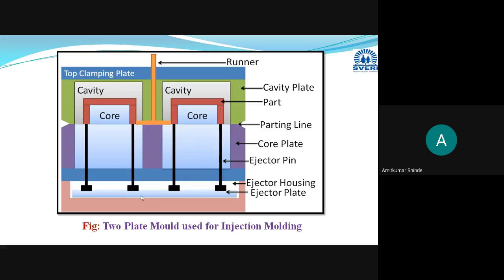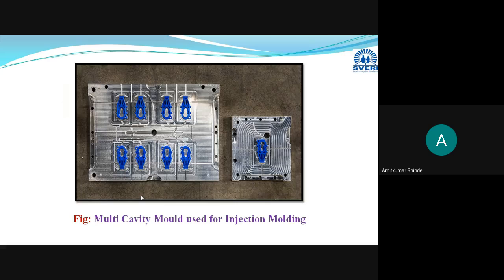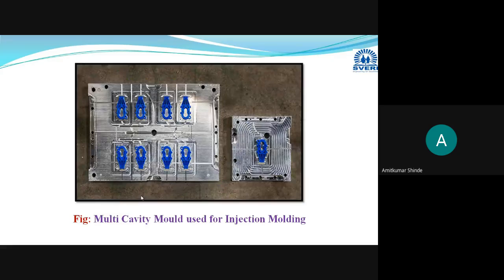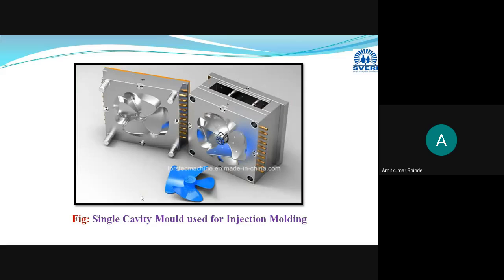Now again here you can use single cavity molding, or you can go for multi cavity molding, okay. You can go for single cavity mold. This is the single cavity mold used for injection molding. In the single cavity mold, at one time only one product or one piece is manufactured. This is single cavity mold.